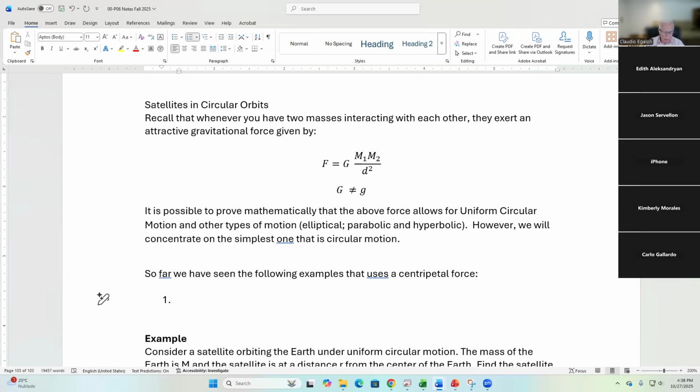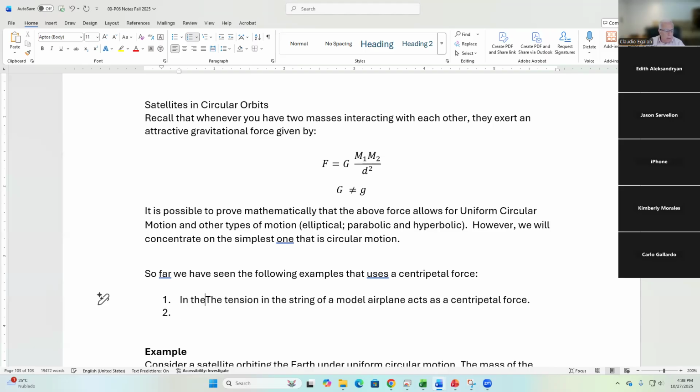One, the tension in the string of a model airplane acts as a centripetal force.